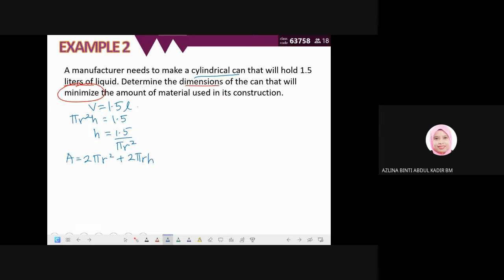That means we write A in terms of R, because with H we cannot differentiate.